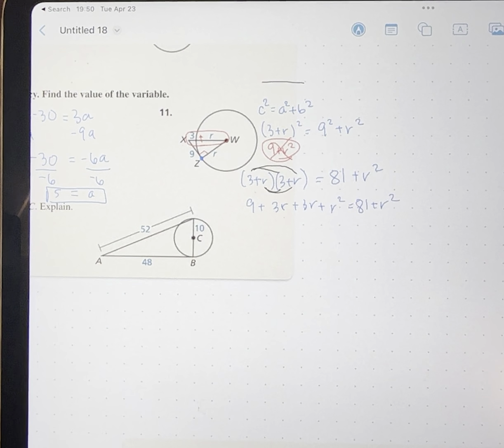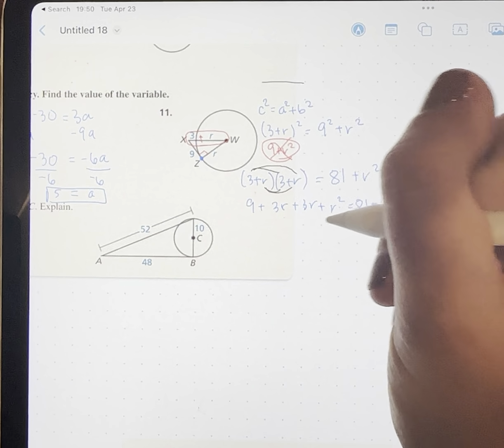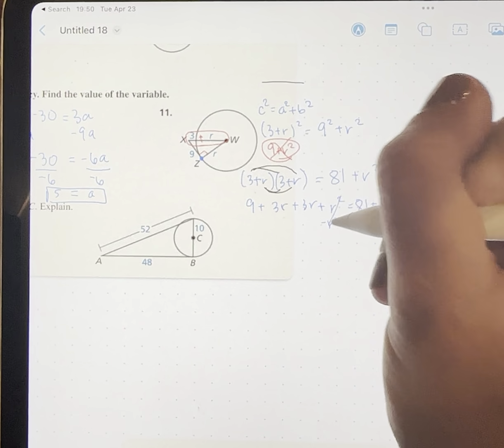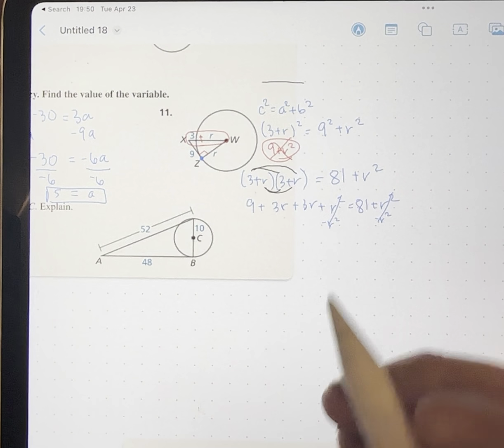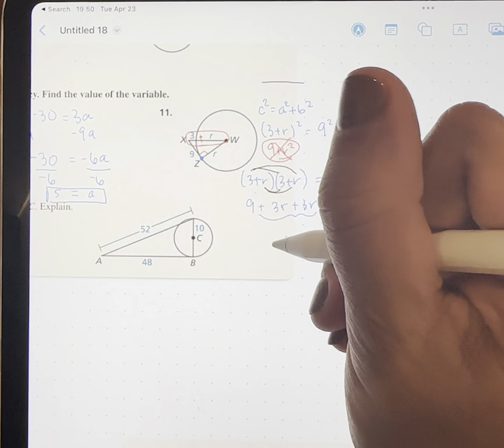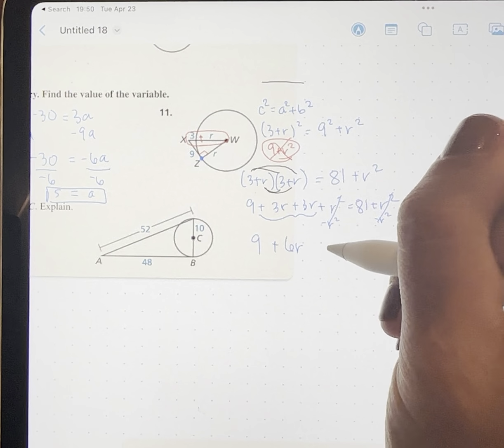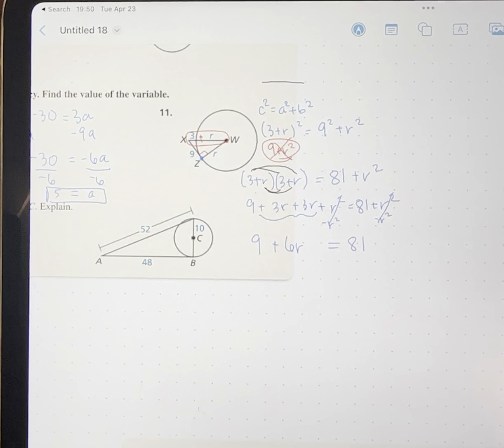There we go. And now, luckily, we can subtract the r squareds. And they cancel out. We can combine our like terms here. 3r plus 3r is 6r. It's getting a little crowded, so let me just copy down what I have left. The 9 is still there. The 81 is still there.